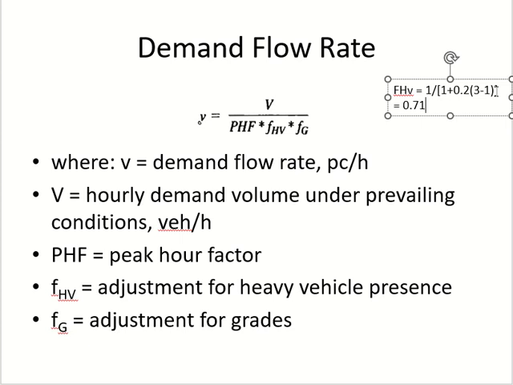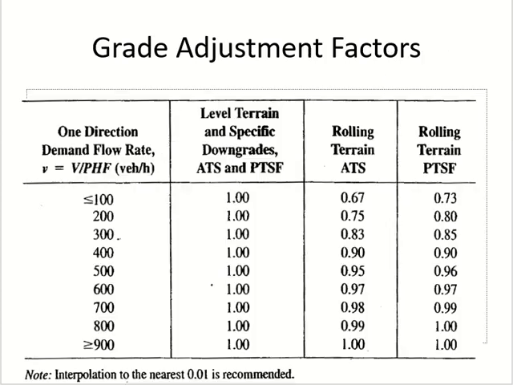Now which factor is left, which I don't know? FG. So for FG, what am I supposed to calculate here? What am I calculating here? ATS. It's class 1, so I have to calculate both. I'll start with ATS.